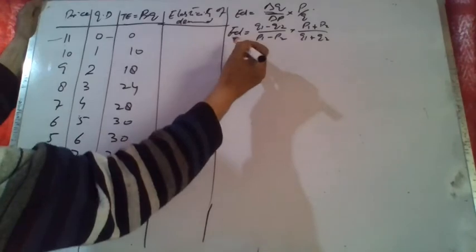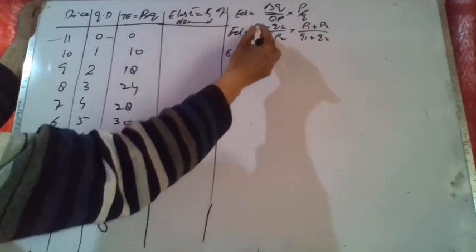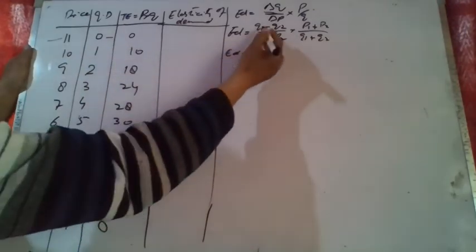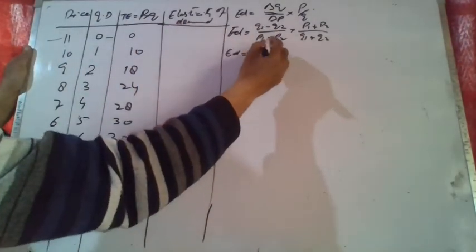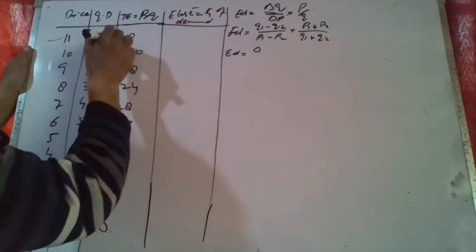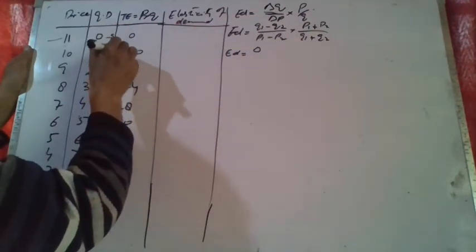For example, at price 11, quantity demanded is 0. This is Q1 and this is Q2.